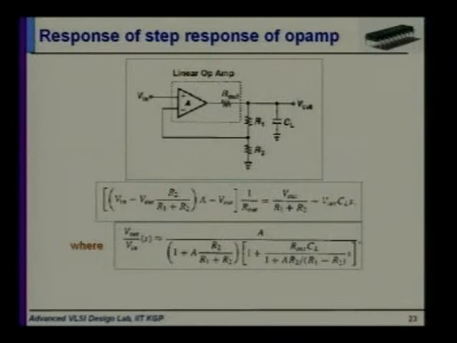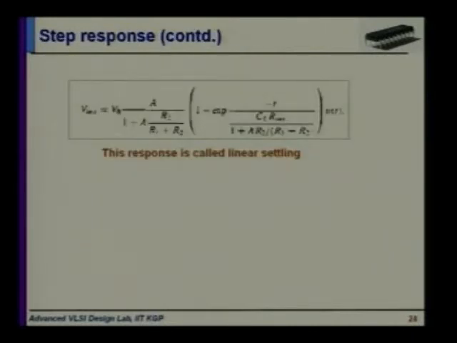Now we will analyze the step response of the op amp. The output impedance is very low, and this is the op amp in feedback configuration. If you write the node equations, finally in the s domain we will get this type of transfer function. If we convert it to the time domain, you will get this type of response.